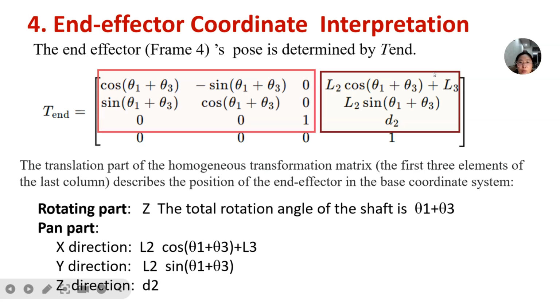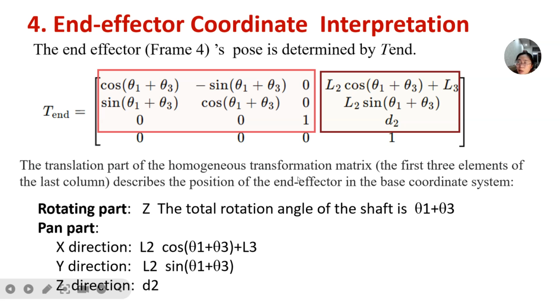Next is the translation part of the homogeneous transformation matrix. The first 3 elements of the last column describe the position of the end effector in the base coordinate system. This part is about the position.